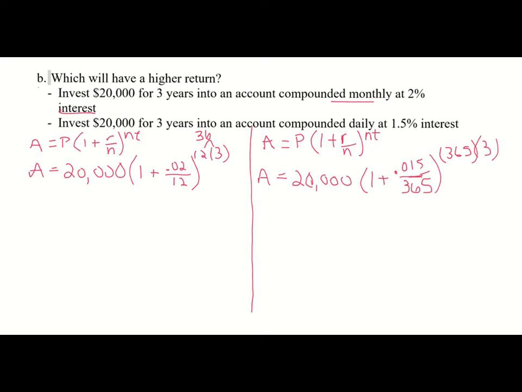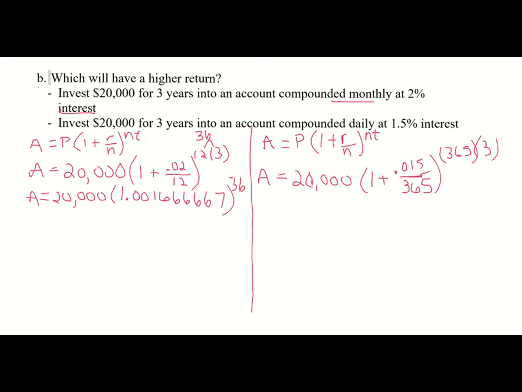And that is going to give me A equals 20,000 times 1.0016666. I know it's a lot of sixes, I'm sorry. 7 raised to that 36 power. I'm going to raise it to the 36 power because you do exponents before multiplication.